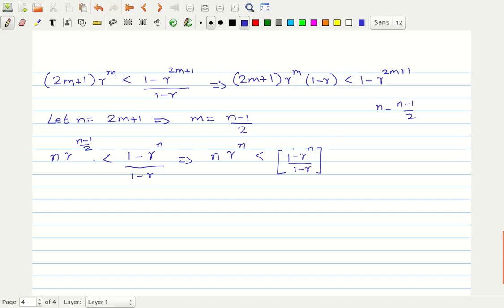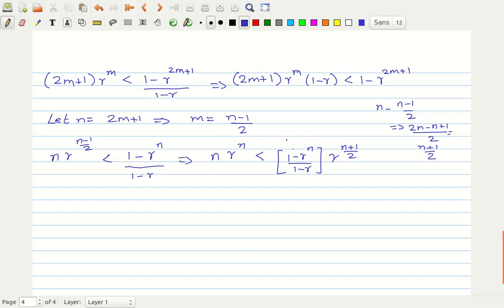This is what I should multiply on the right hand side. This is actually equal to 2n minus (n plus 1) by 2, which is equal to (n plus 1) by 2. So if I multiply by r to the power (n plus 1) by 2 on the right hand side and the left hand side, I will get n times r to the power n, and over here I will get r to the power (n plus 1) by 2.